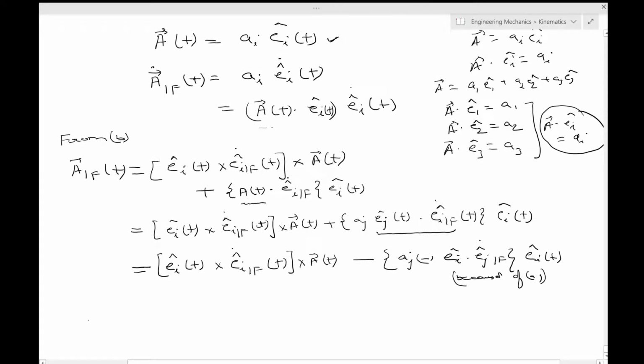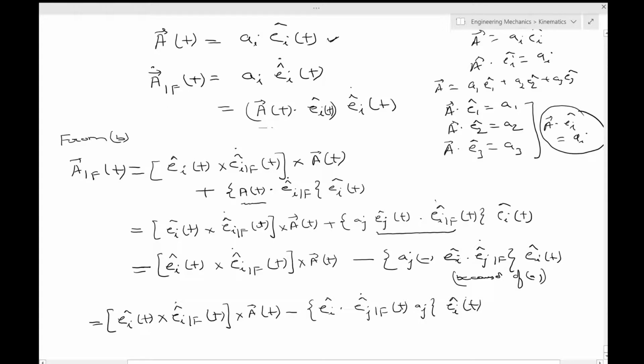This is equal to t cross minus e_i dot e_j dot f t e_j e_i t.